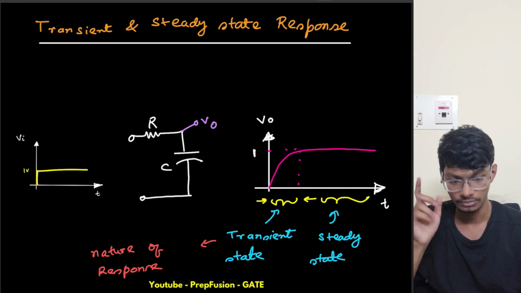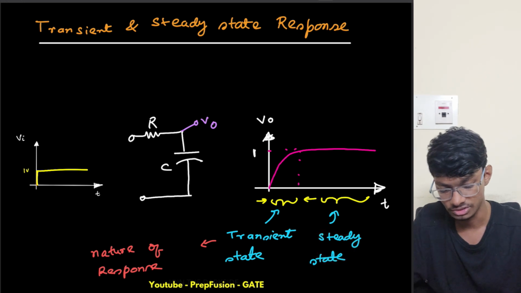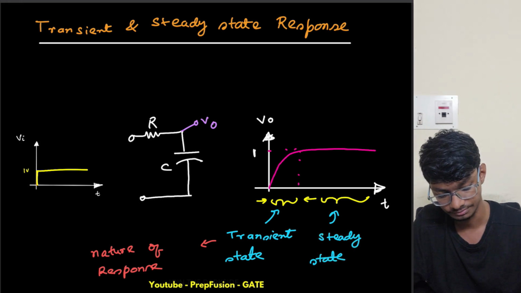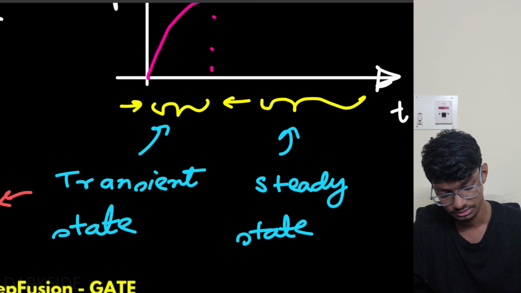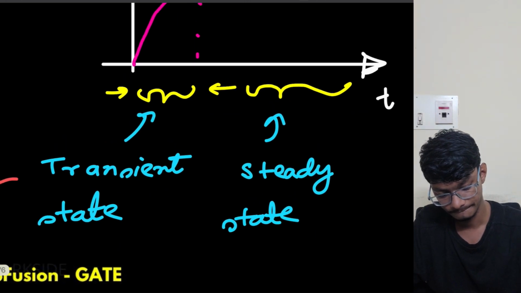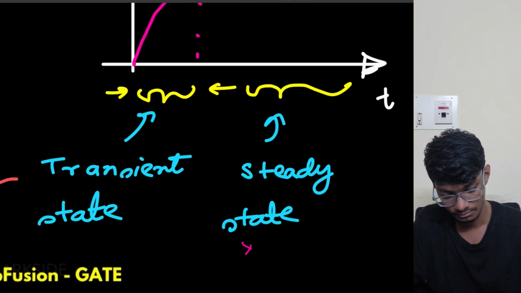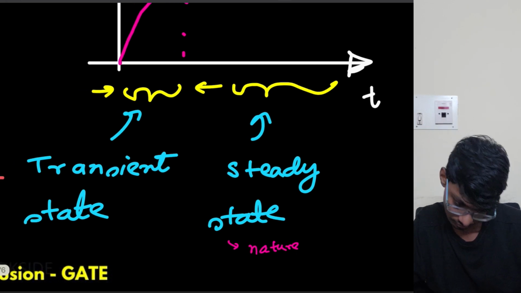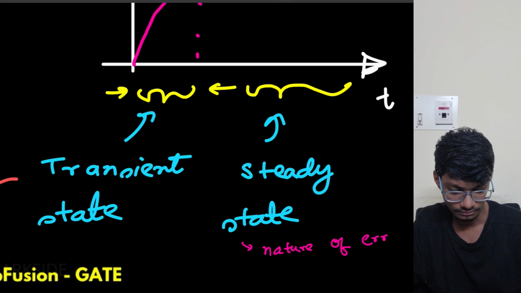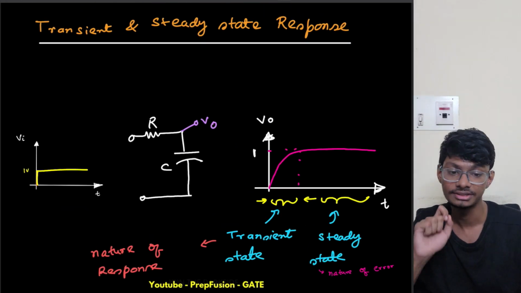So the steady state tells us the nature of the error.